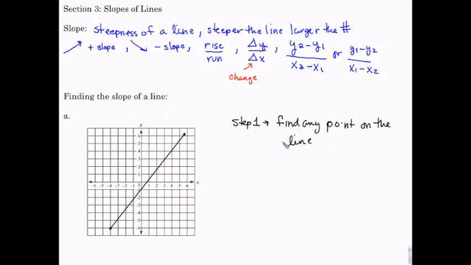A point on the line is where it goes through the crosshairs perfectly. We have this one here. And then, it's kind of close on that, we'll just go ahead and say 3, 3. So you find 2 points. That's step 2, find the second point.